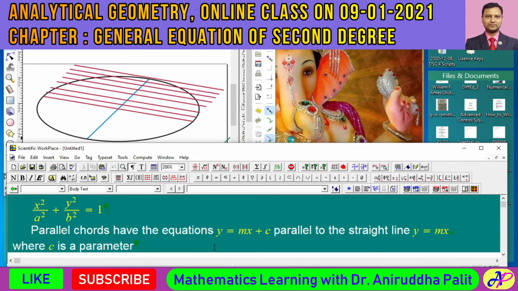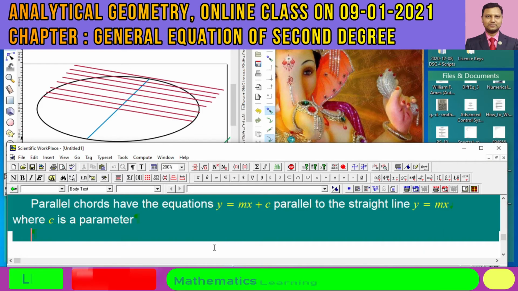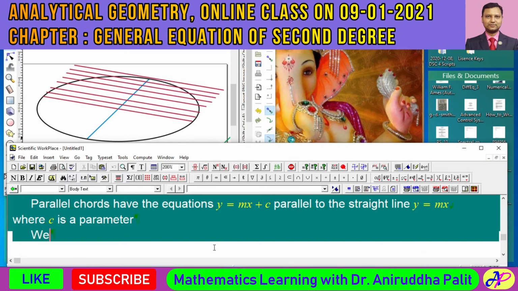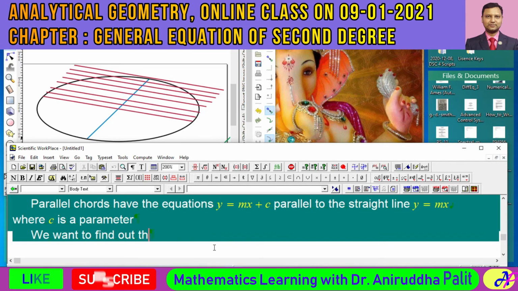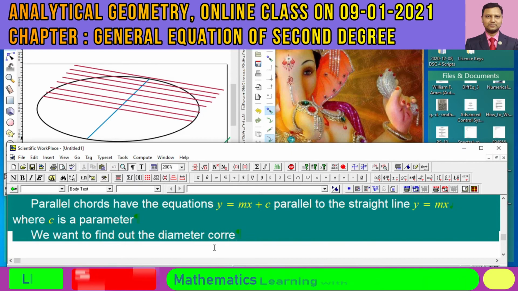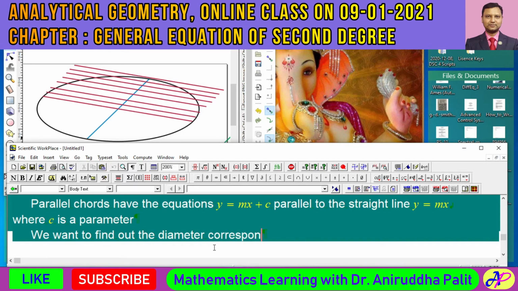And we want to find out the diameter corresponding to this system of parallel chords.